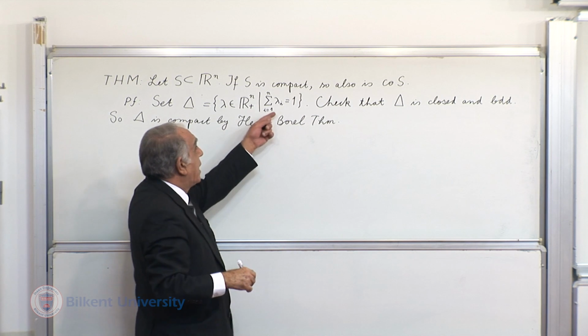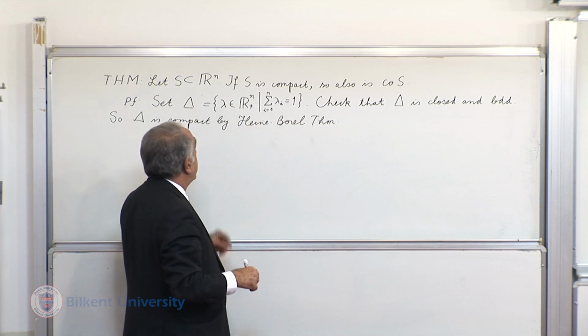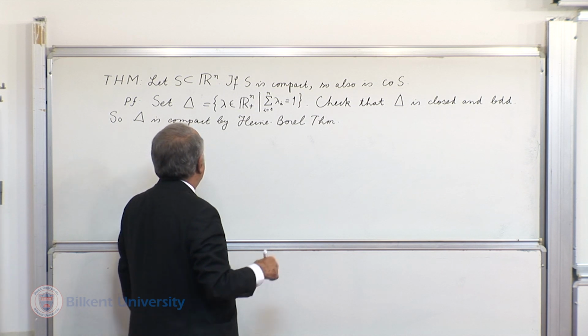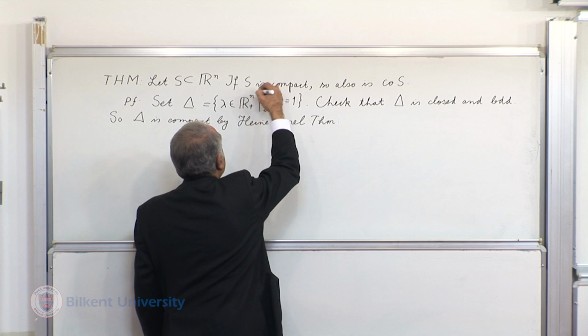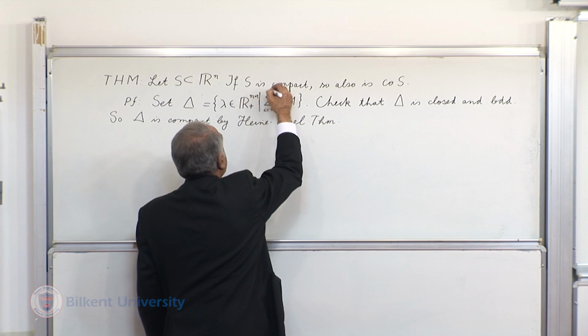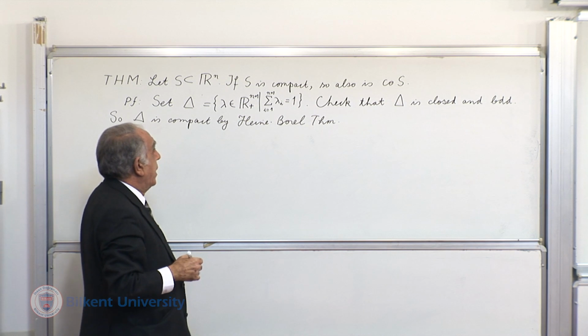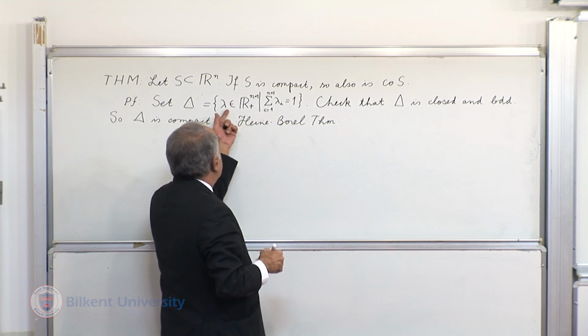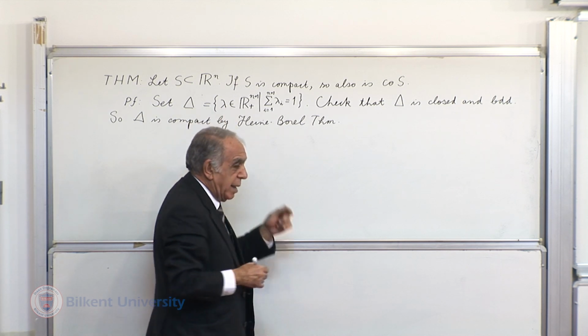So this actually gives us, let me take this in Rn plus 1. Now this will give us the set of all the components of any lambda in delta.